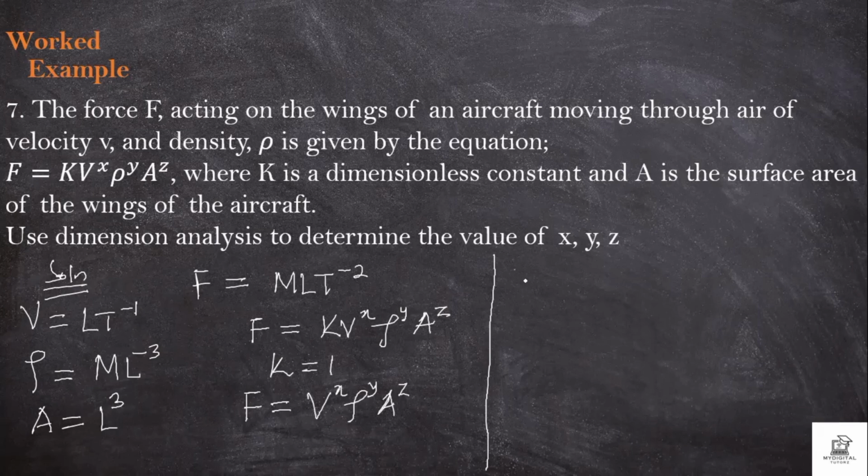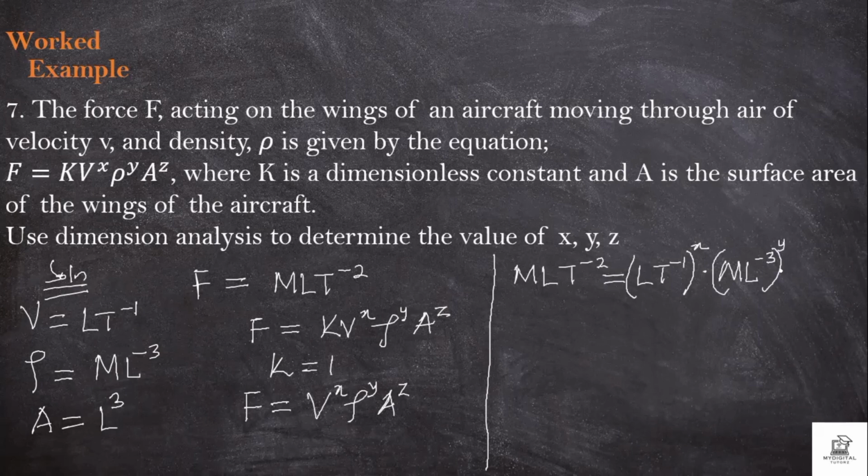F is MLT minus 2, right? Equal to, what is v? Velocity is LT minus 1 all to the power of x. The next thing is density, rho. What is the dimension of density? Put a dot here showing multiplication. Dimension of density is ML minus 3 all to the power of y.